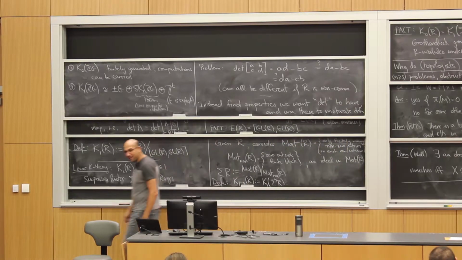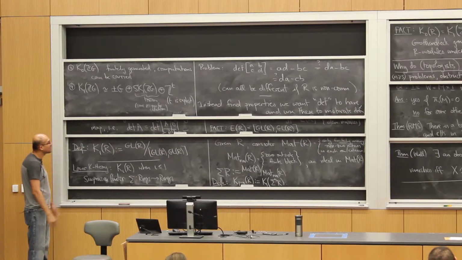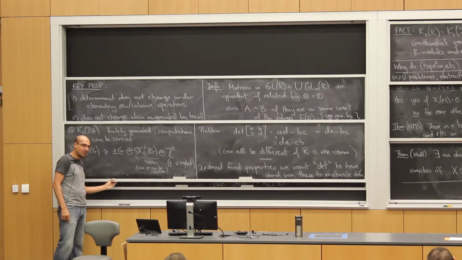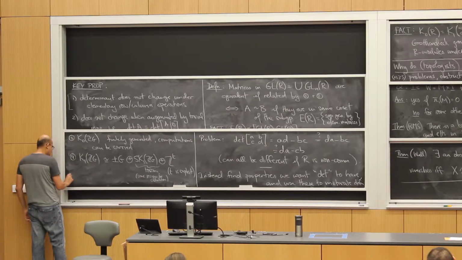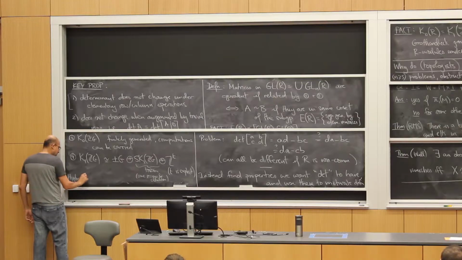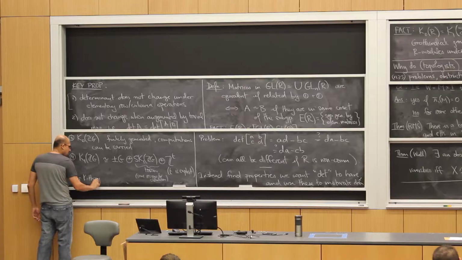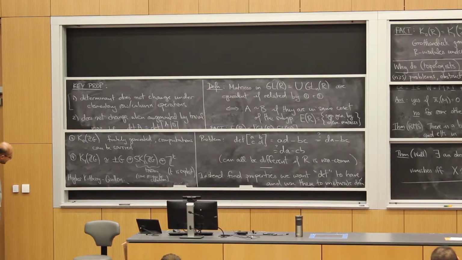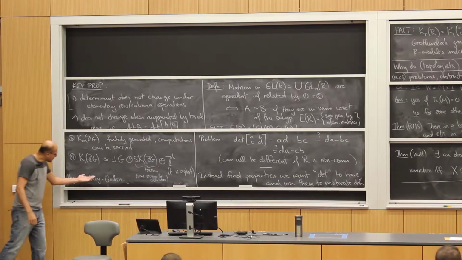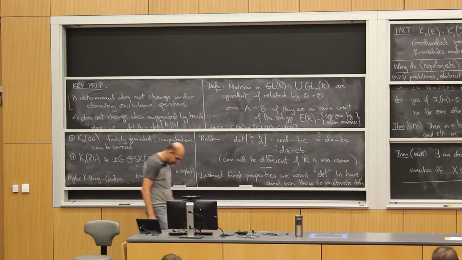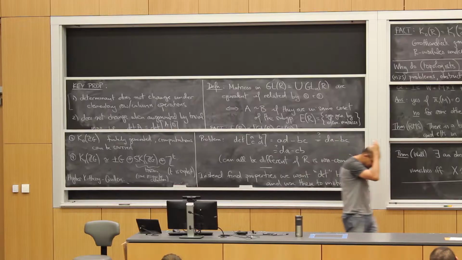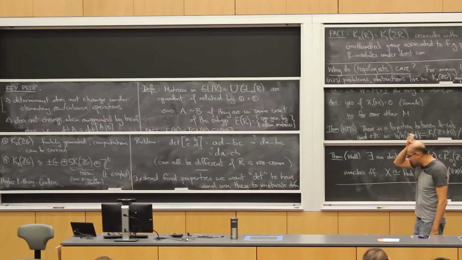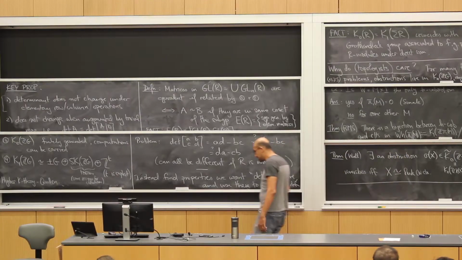And this was actually a big problem. It took a long time for people to figure out the right definition for higher K theory. Eventually, this was done by Quillen. So higher K theory: this was the work that Quillen got his Fields Medal for, formulating the correct definition. It's defined as homotopy groups of a certain space associated to the ring.